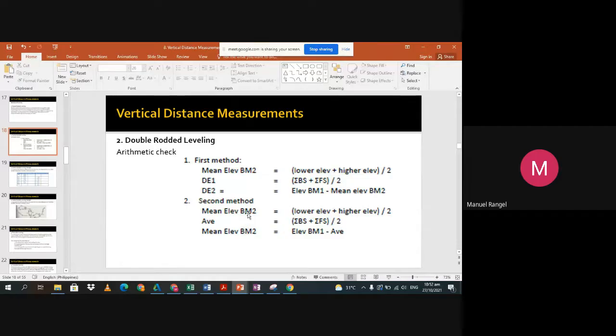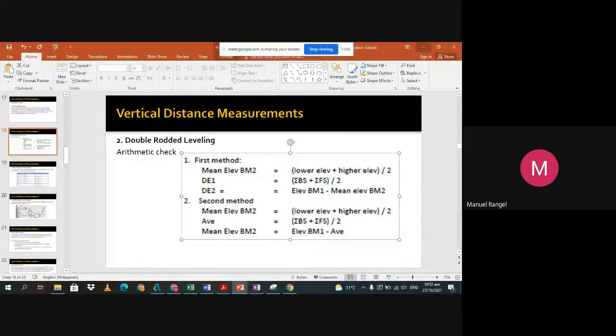For the arithmetic check, we take the mean of the elevation at BM2: lower elevation plus higher elevation divided by 2. Then we take the summation of the backsights and foresights divided by 2.